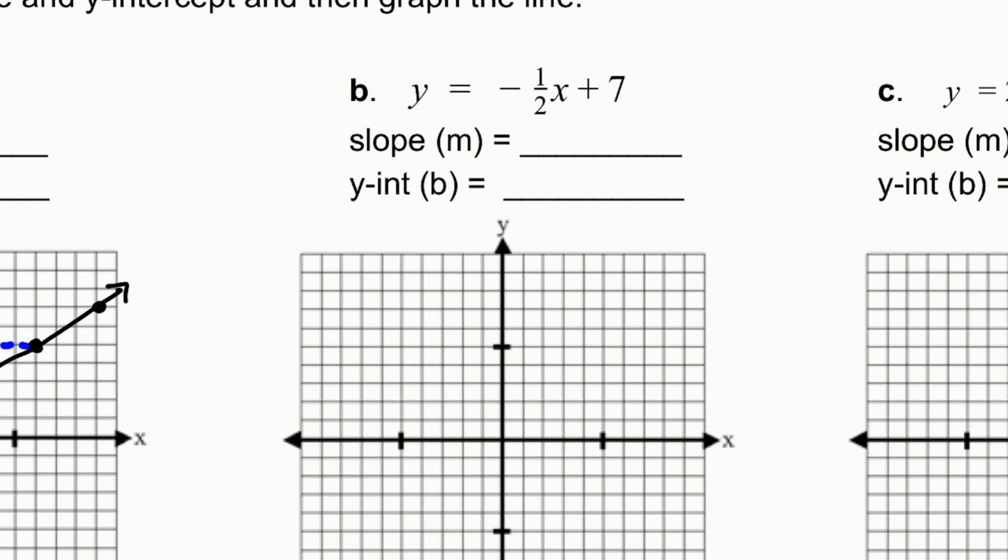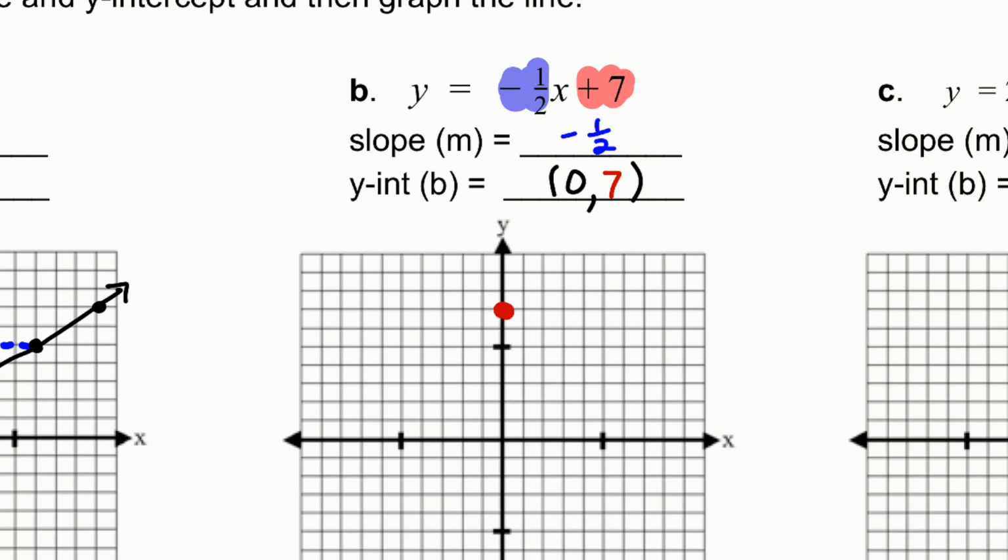For this one, our slope is negative 1/2, and our y-intercept is the point 0, 7. So 0, 7 is going to be right there.